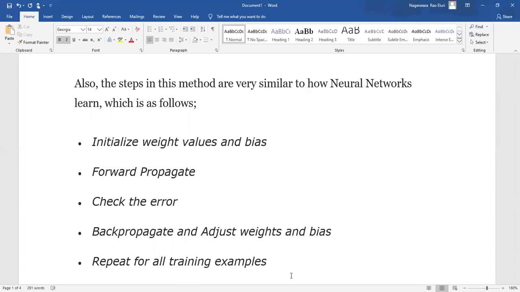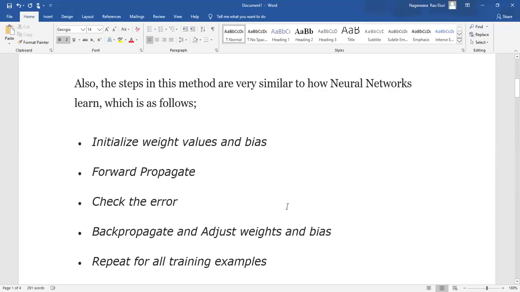So remember these 5 steps: initialize weight values and bias, forward propagate values, check the error. Here error equals the desired output minus y, the predicted output.